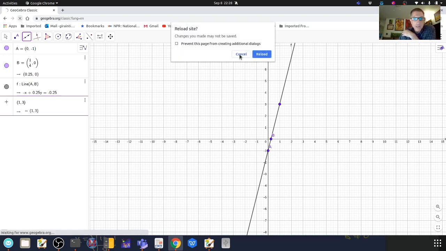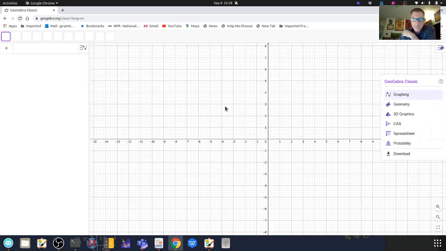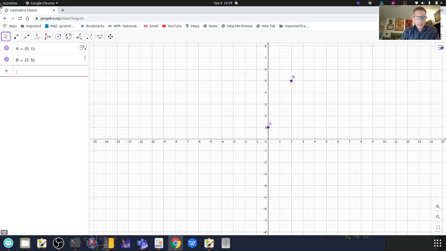Well, let's just go ahead and start all over with a brand new graph. And for this case, I have 0 comma 1, there that is, 2 comma 5, there is another, and the next one is 3 comma 10.